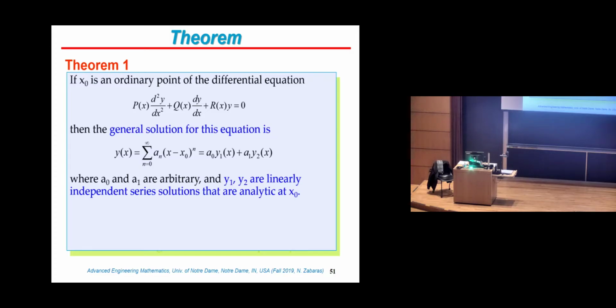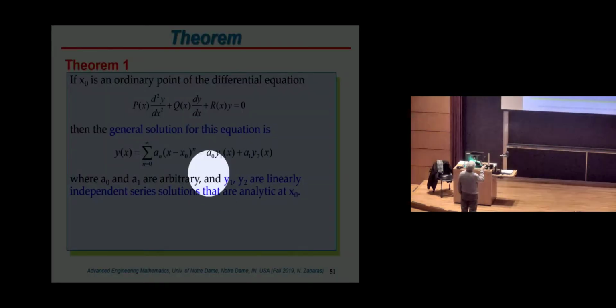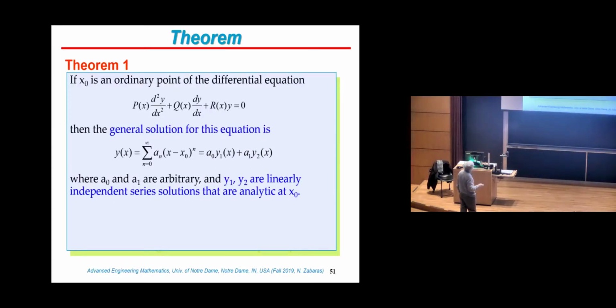And of course, Y1 and Y2 are going to be also analytic, so they're going to have this power series form. So effectively, when you compute this solution, it will take the form of two series that give you two fundamental solutions that are independent of each other. But the first task is to compute this, and then you will see that it gives you Y1 and Y2.